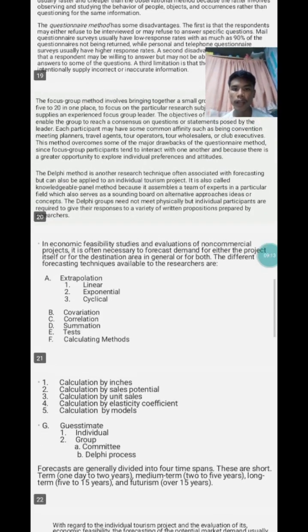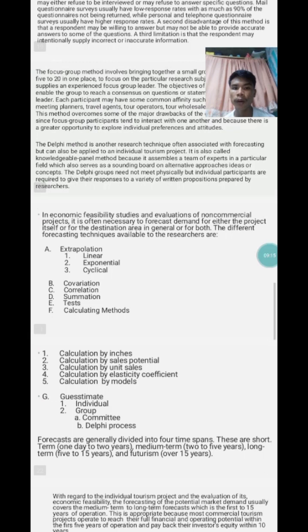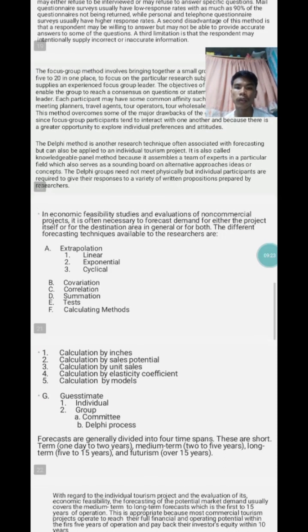The Delphi method is another research technique, associated with forecasting but which can also be applied to an individual tourism project. It is also called the knowledgeable panel method because it assembles experts in a particular field, who also serve as a sounding board and suggest alternative approaches, ideas, and concepts.